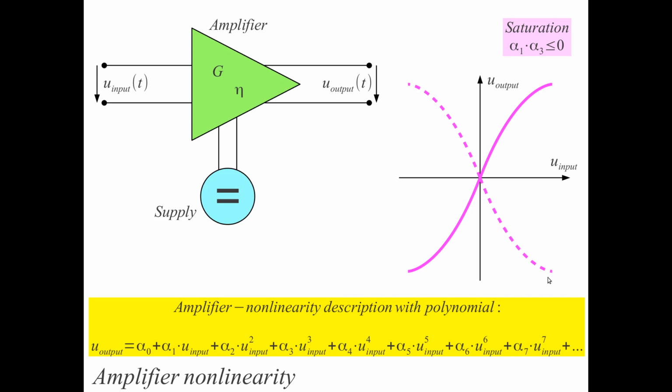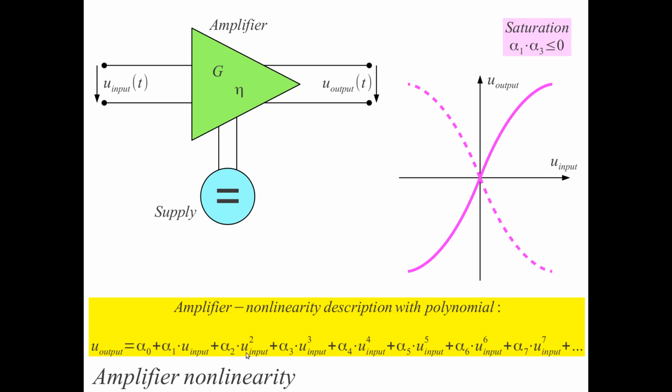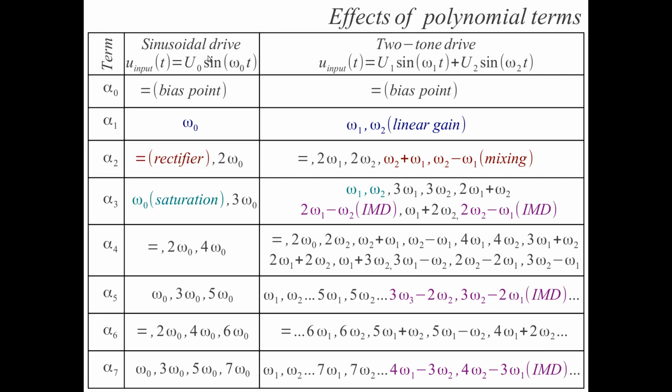And let's see what happens if we drive such an amplifier with a sinusoidal drive or with a two-tone drive. With a sinusoidal drive, this is just one sine wave. This is a spectrum that has just one spectral line. What we get from the various terms here in this polynomial, and putting in the sine function here. Okay, alpha 0 does not contain the input voltage, so it's just the bias point, the class A bias point of such an amplifier.